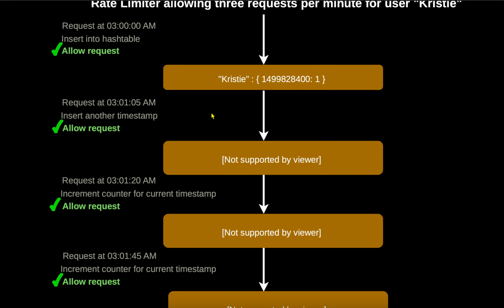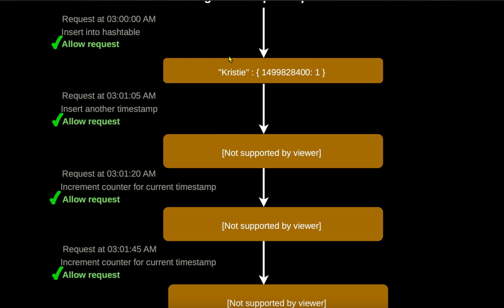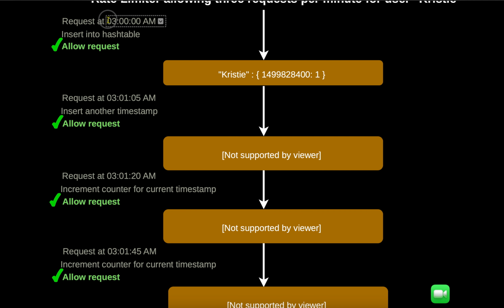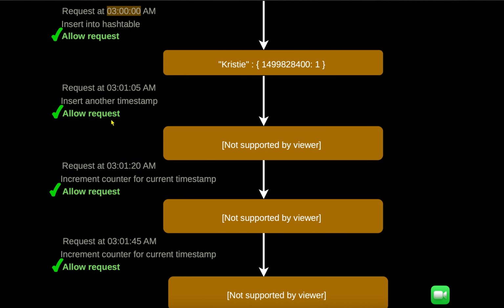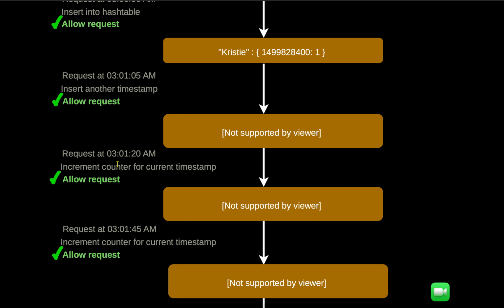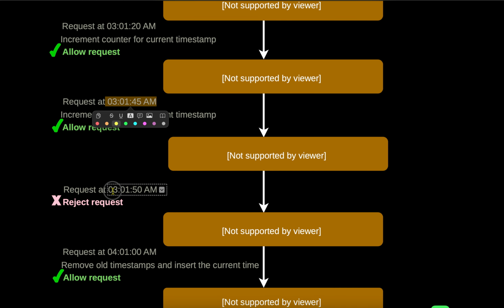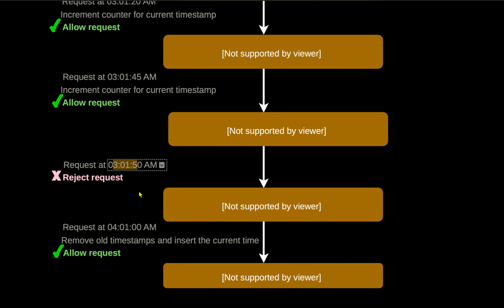Now we have a request at 3105, and this is obviously vanished from the picture because 1 minute has passed. Then we have 3120, we allow that. 3145, we allow that. But the moment 3150 comes, we don't allow that.